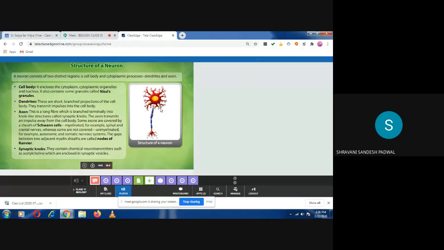Ma'am, they transmit impulses into the cell body. So now, when it is said into the cell body, remember that these dendrites receive the impulses from other nerve cells. In 10th class, you have done very nicely. The dendrites receive the impulses from the other nerve cells.